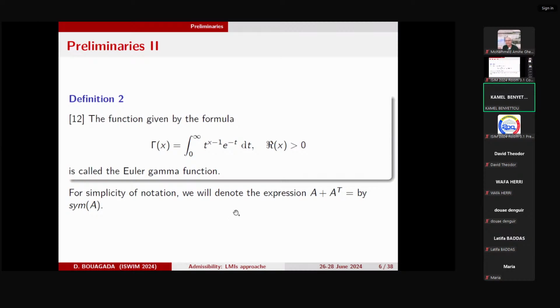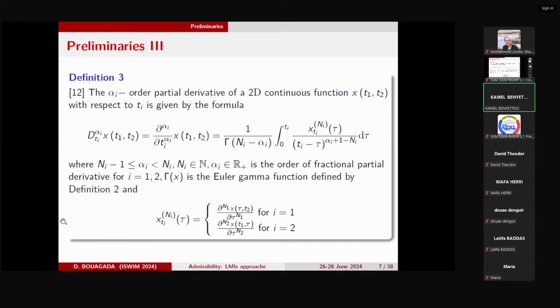In the following, for simplicity of notation, we will denote the expression A plus A transpose by sym A, as needed.